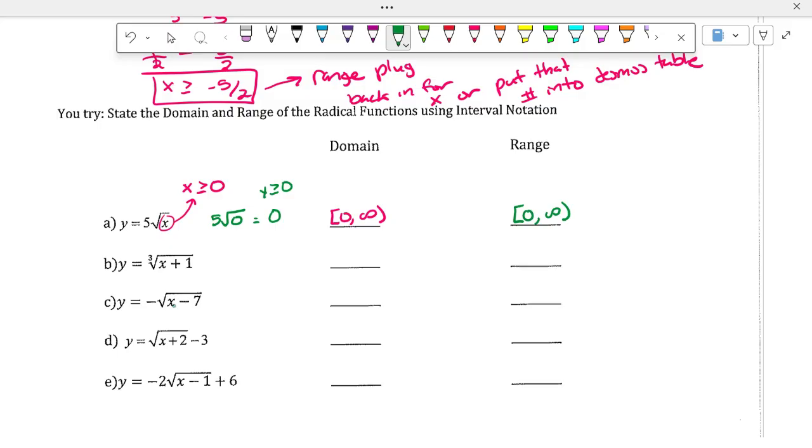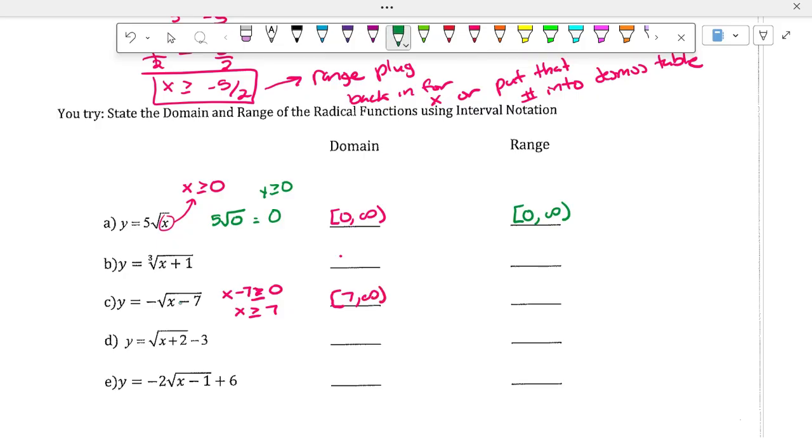Now, if I look here, I do x minus 7 greater than or equal to 0. So x has to be greater than or equal to 7. So it's from 7 to infinity.